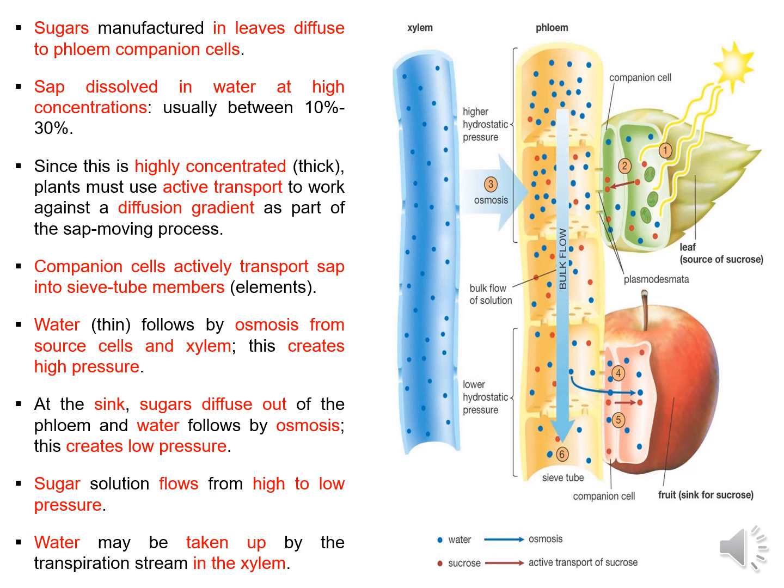This is another diagrammatic feature to show you the pressure flow model in phloem and translocation. We will start with the sugar, which was manufactured in the leaf or source, and will diffuse to the phloem companion cell.